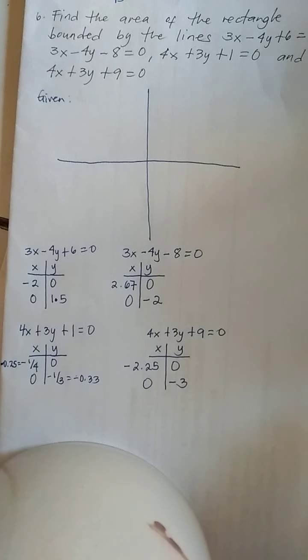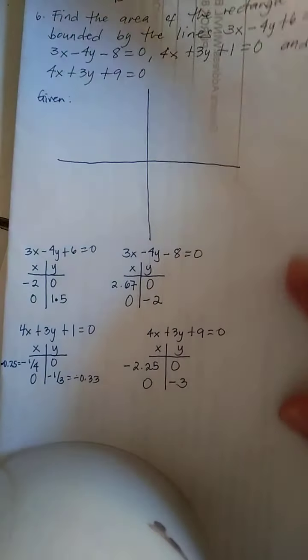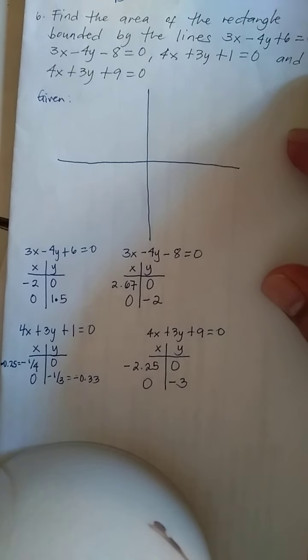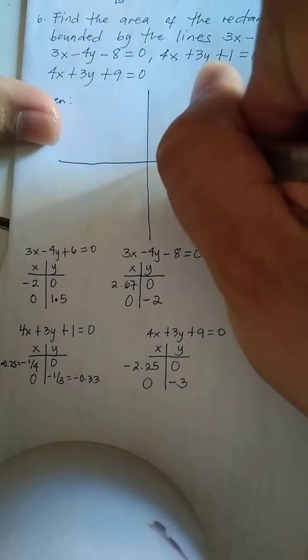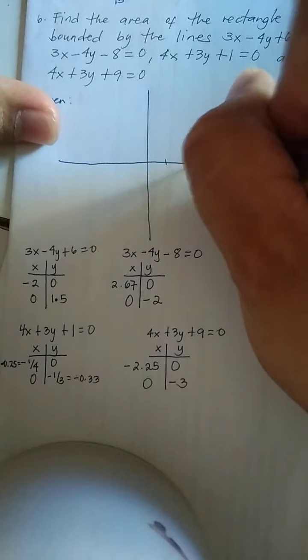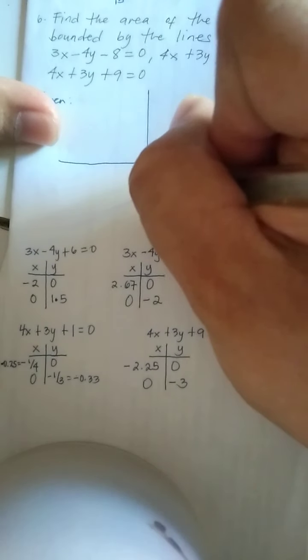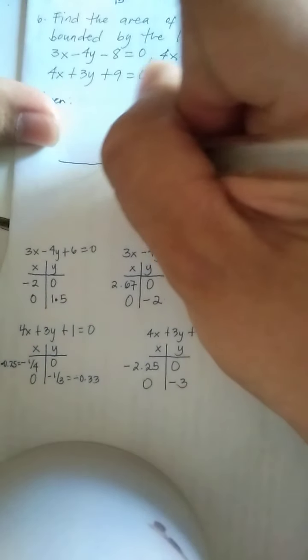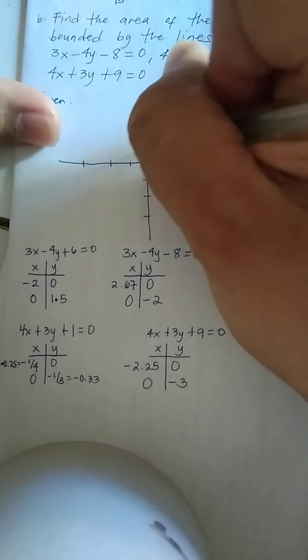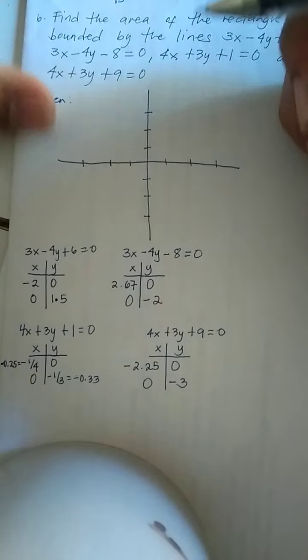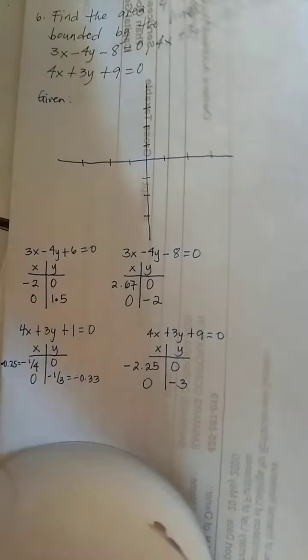The values here do not exceed 3, so let's label our points 1, 2, 3 on each axis. This is a rough sketch.